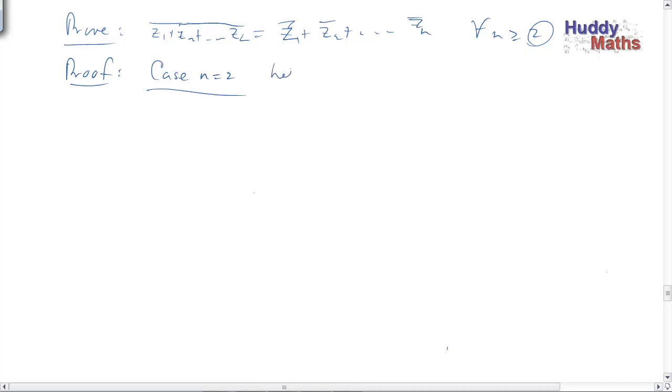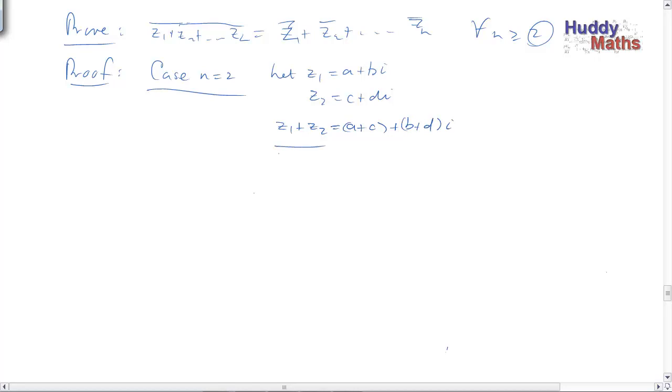So here we go. Let z1 equal a plus bi, z2 equals c plus di. So now, case n equals 2, we'll just do z1 plus z2, we'll build it. z1 plus z2 is, we've done this before, a plus c plus (b plus d)i.